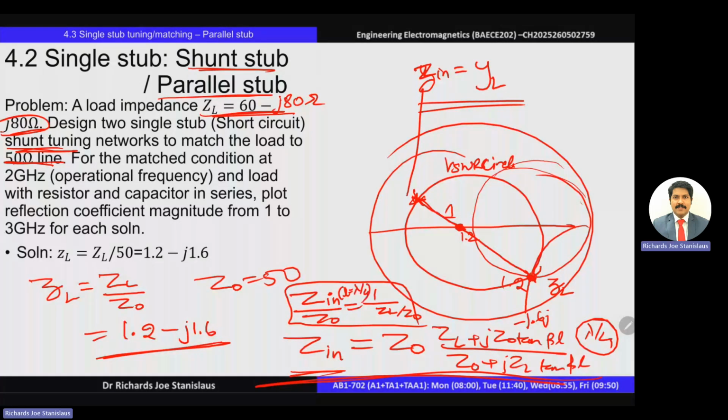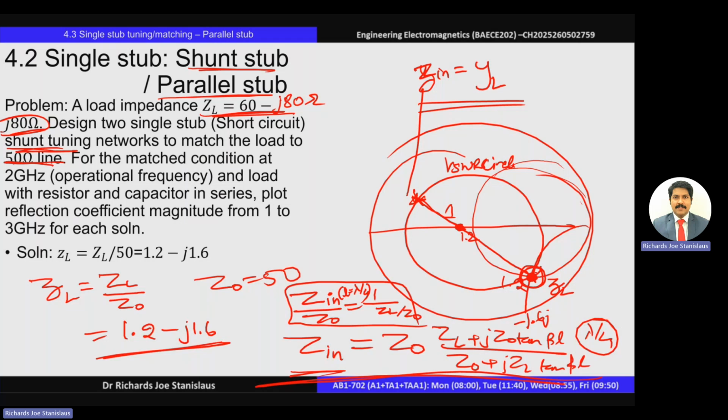Meaning, in the drawing, the load is located at this point, which I have circled. When we connect the center of the Smith chart and this point and extend it to the opposite side of the VSWR circle, the value you read in the Smith chart is the normalized admittance value, which is YL.